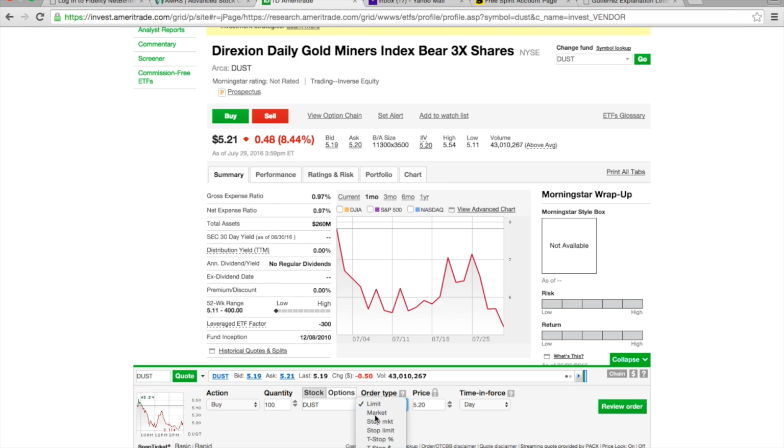If you click market, it doesn't even allow you to set your own price, because you're going to be buying or selling at whatever the market price is. And what I don't like about that is that the market price can change within a matter of seconds. So once you click review and submit, by that time DUST could be at 5.50, and now you just bought at a level where you should have been selling.